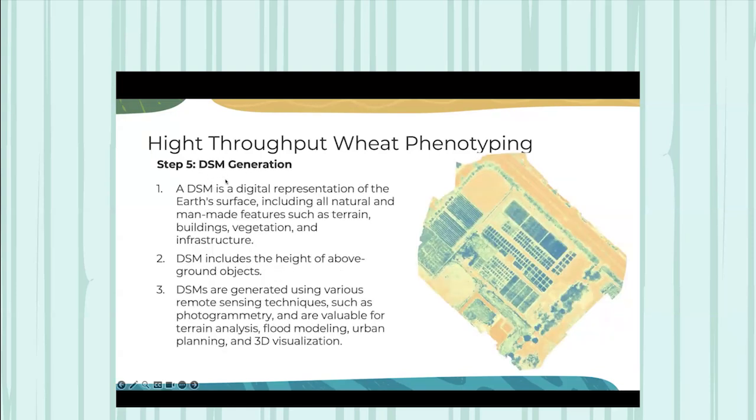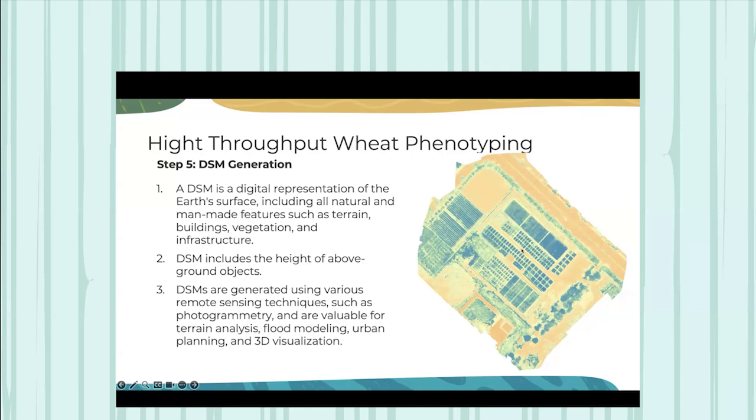Another important thing that in some cases helps is DSM generation. This is the digital surface model. We developed this with the help of our RGB sensors. It's actually the digital representation of the Earth's surface, including all natural and man-made features such as terrain and buildings and the vegetation.